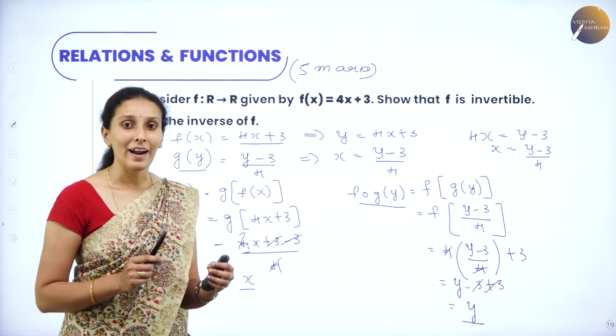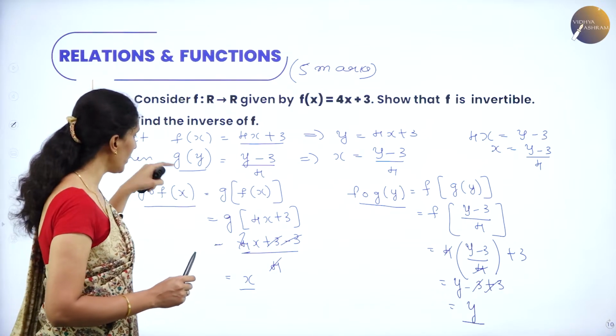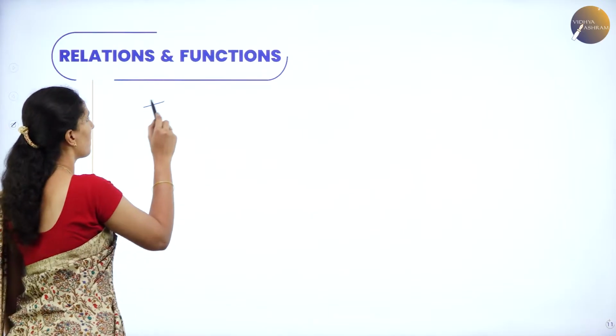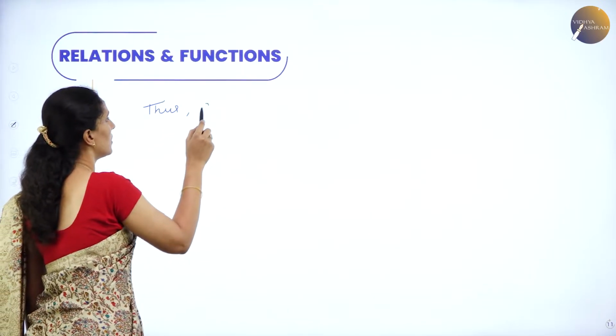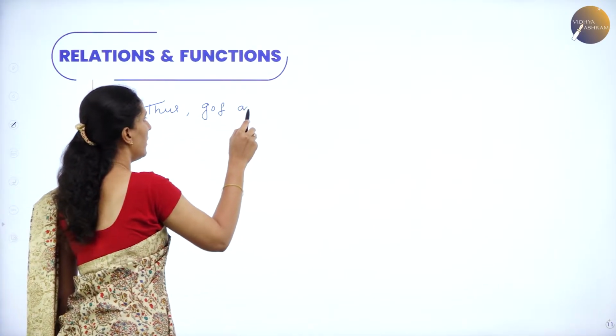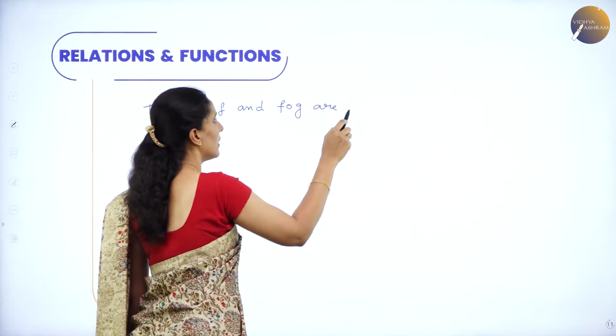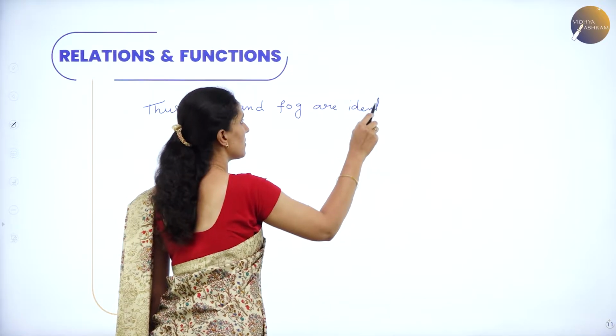That means they are identity functions. Whatever value you input, the result is the same. So thus g naught f and f naught g are identity functions.